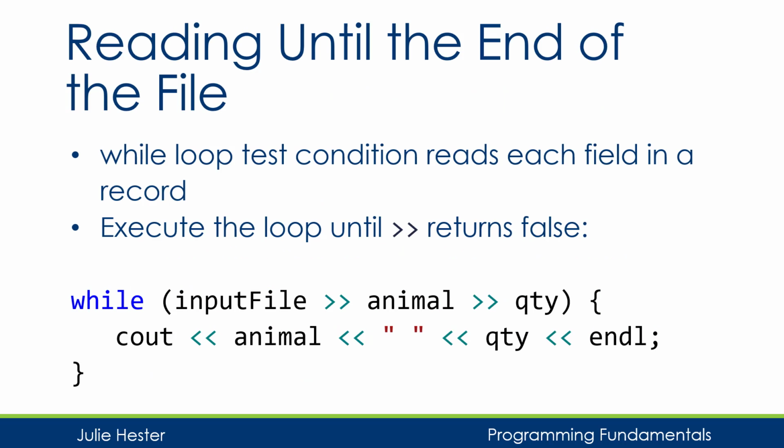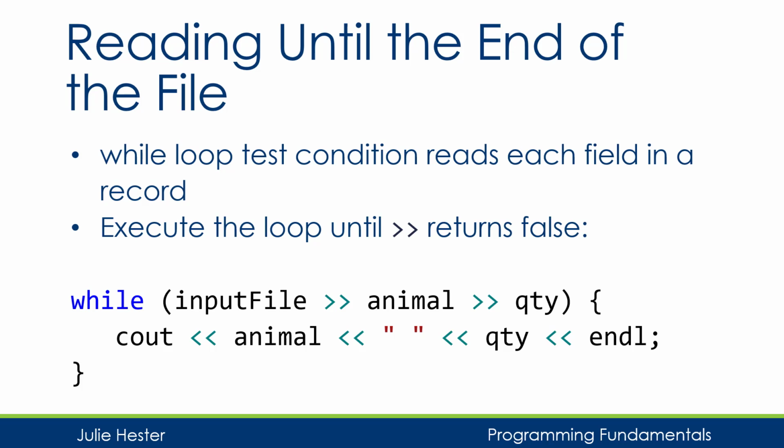So here I'm using a while loop, and my test condition for my while loop is reading each field in one record. So in parentheses, I have inputFile, animal, and quantity. And when I attempt to read more fields after I get to the end of the file, this will return false, and I won't execute the while loop.